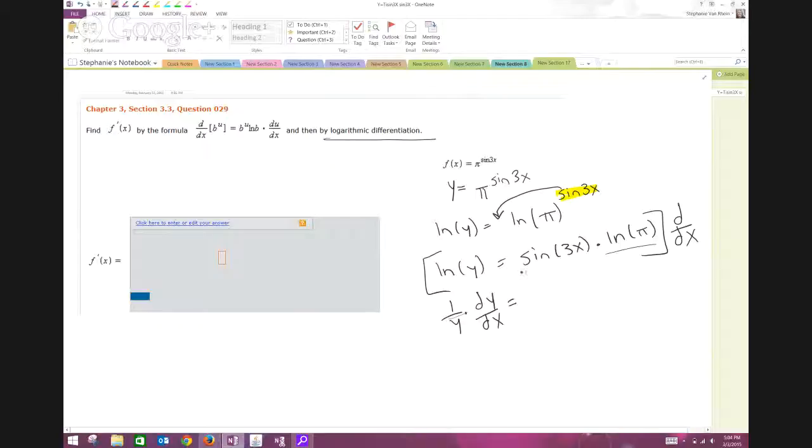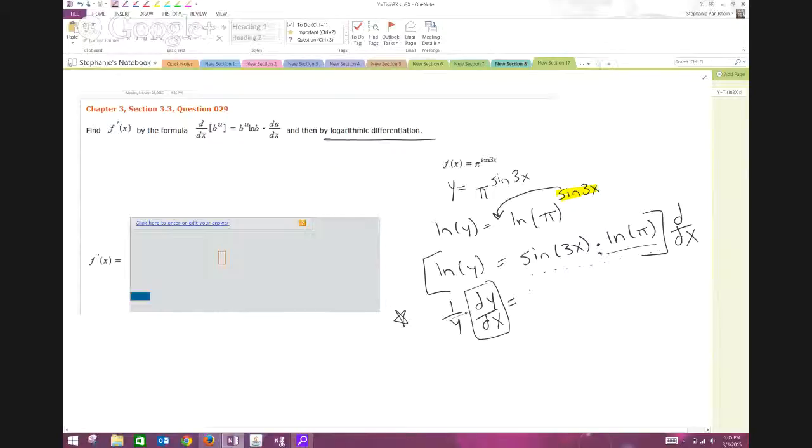So when I take the derivative of the right-hand side, to get the dy dx by itself on the left-hand side, I take the derivative of the right-hand side, but then I'm going to multiply it by y to solve for dy dx. That's a common mistake. You don't want to forget to multiply by y. So here, if I take the derivative of the right-hand side, ln of pi is a constant, so I can leave that as a constant.